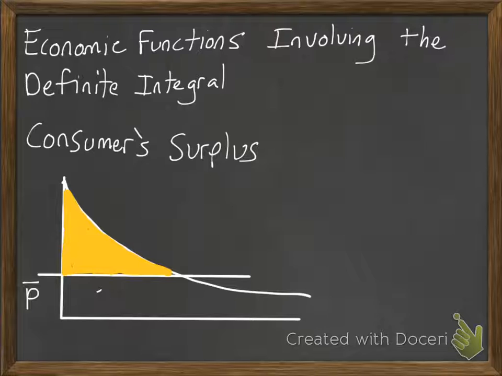And so this consumer surplus is equal to the definite integral from 0 to x bar, and I'll tell you what x bar is in a moment, of the demand equation minus P bar dx.